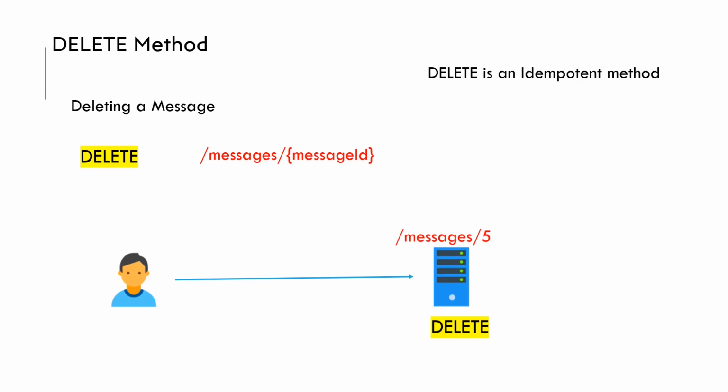Now let us understand the POST method. Why do we use the POST method? We generally use POST to create a new resource at the backend, the web server or app server, right?